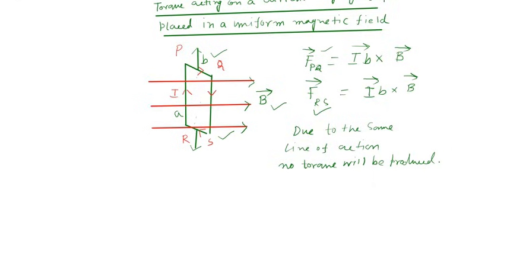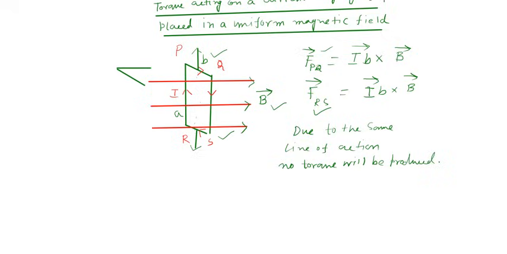So if we consider a plane like this, they will always be perpendicular to that plane. This is the plane of the page which is containing B. So this b and this B, if we consider a plane like that, these two forces will always be perpendicular to this plane, and opposite.